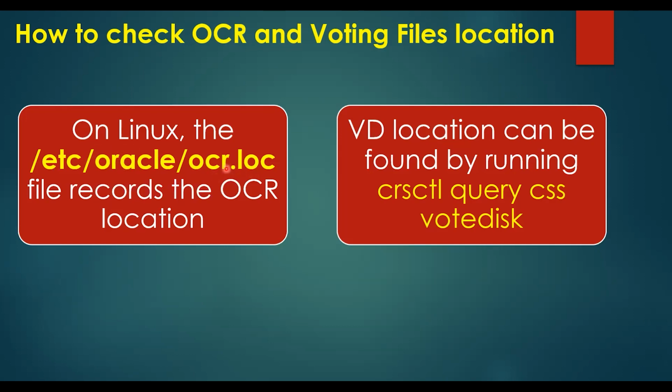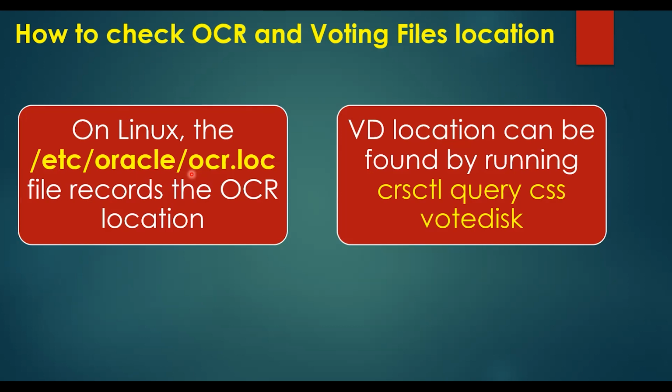In this session we are not targeting OLR, the Oracle Local Registry, which is available locally. We are talking more about the OCR, which is shared cluster information, available globally.